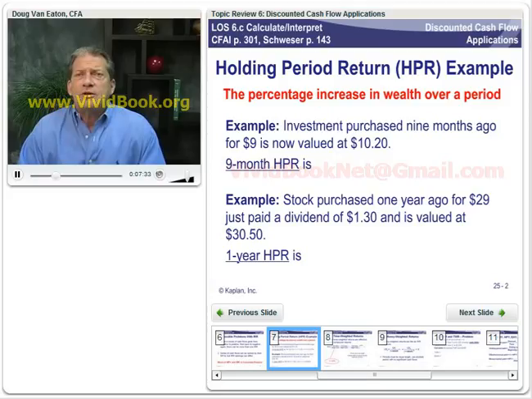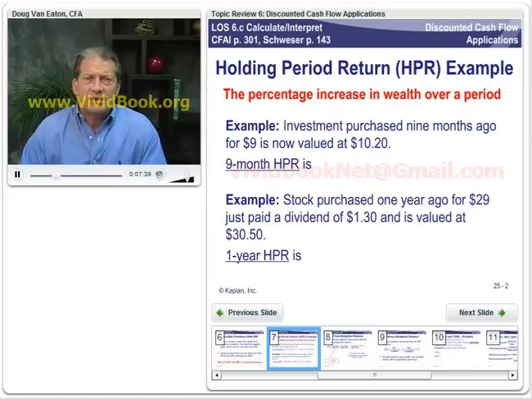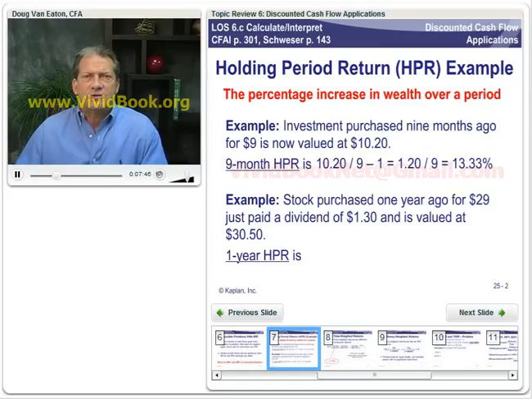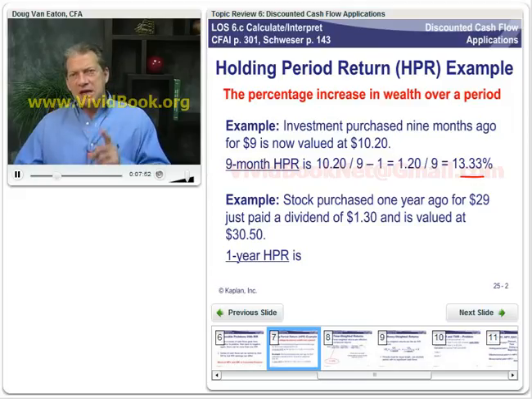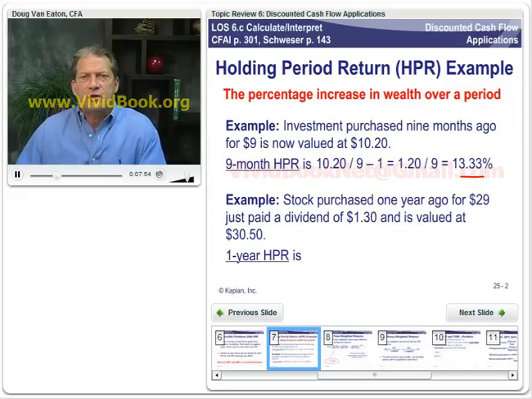If we purchased an investment 9 months ago for $9, it's now valued at $10.20. So we've increased in value $1.20 from an initial investment of $9, and that's a return of 13.33%. So that's our 9-month holding period return.